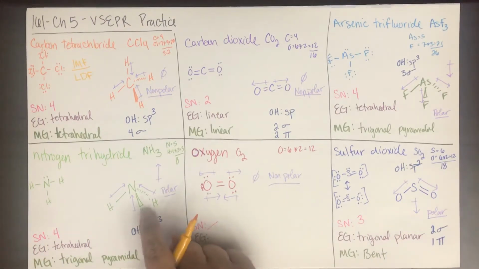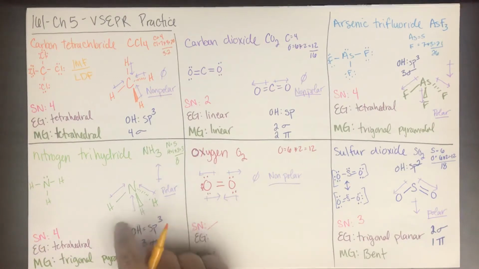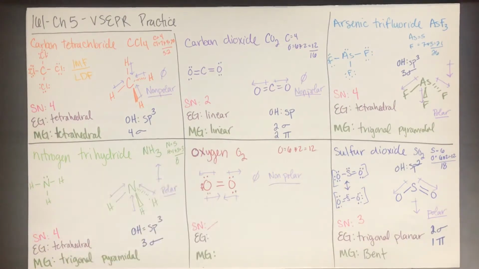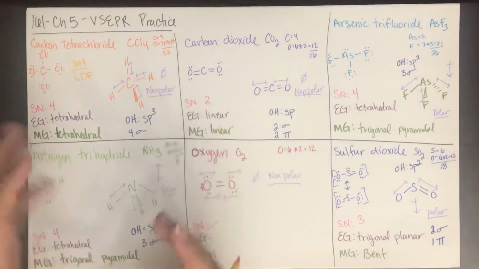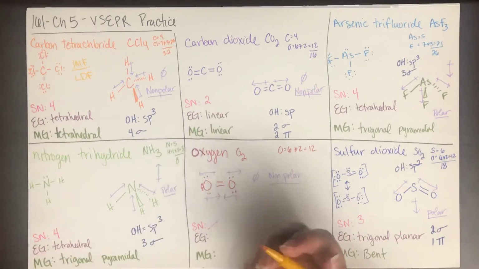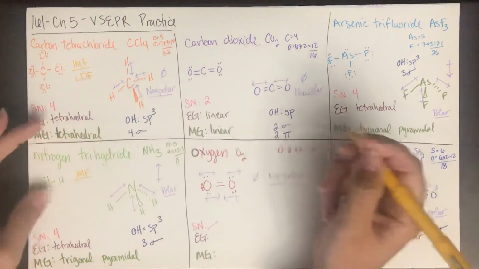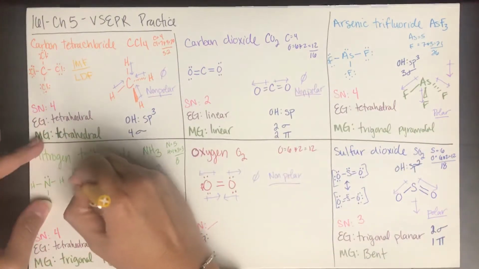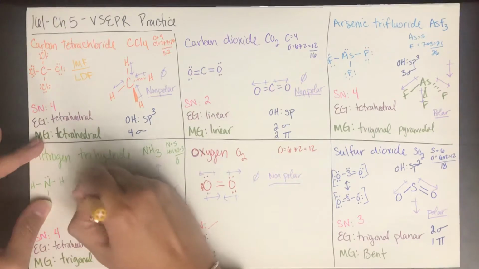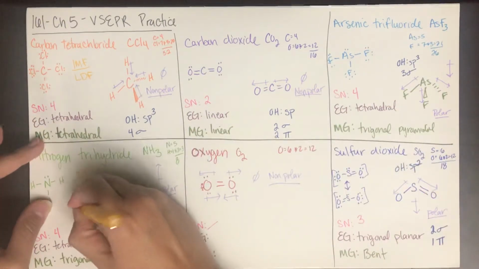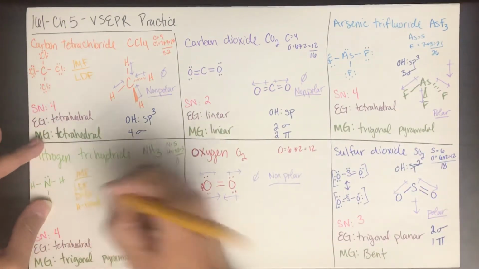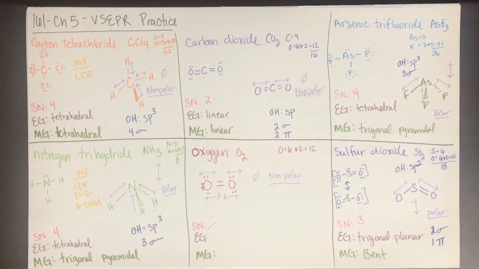This hydrogen is going to be attracted to another nitrogen of another nitrogen trihydride molecule if we had a whole bunch of those molecules next to each other. So yes, this can hydrogen bond. So this has all 3 of the intermolecular forces. It has London dispersion forces, dipole-dipole interactions, and hydrogen bonding. So all 3 of the intermolecular forces there for ammonia, nitrogen trihydride.